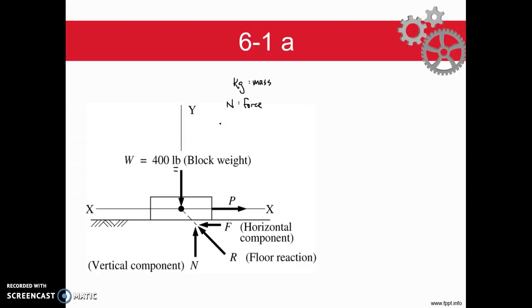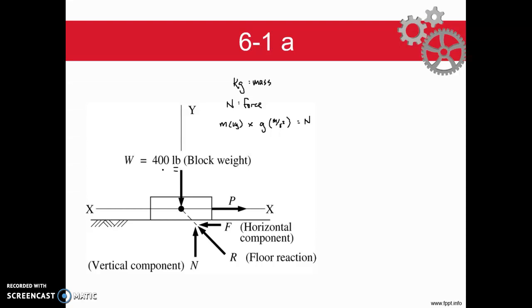So if we take the mass, which is in kilograms, and we multiply it by g, which is in meters per second squared, g is the acceleration due to gravity, then we get newtons. So if we were presented with a problem that's in metric, we would need to multiply by gravity. But if we're given a force in pounds, we just leave it in pounds.